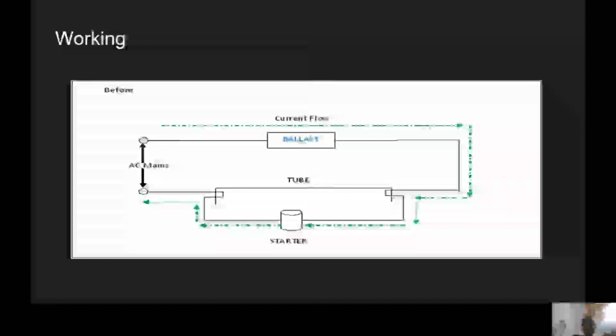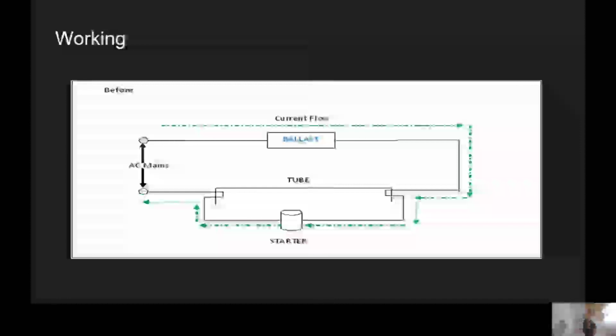What happens is the AC current flows to the ballast, through the tungstens, to the starter. The inert gas in the tube heats up due to the tungsten, and the ballast also increases its energy in terms of the magnetic field stored in it.